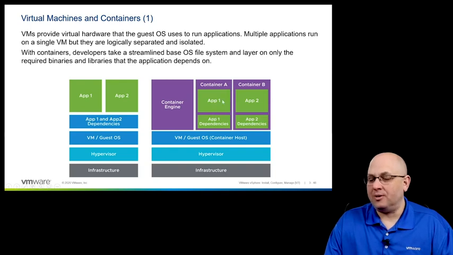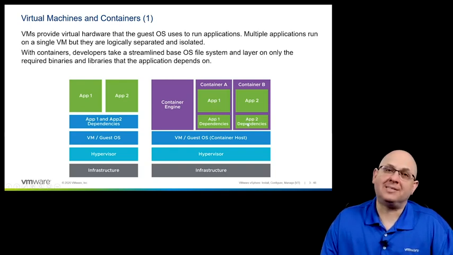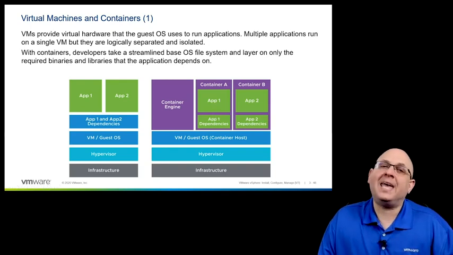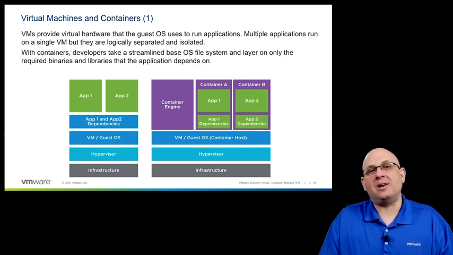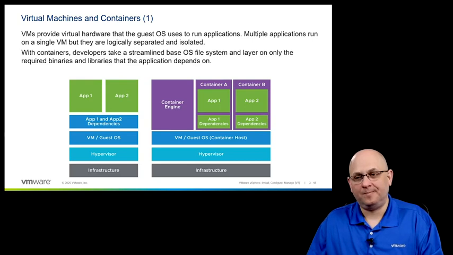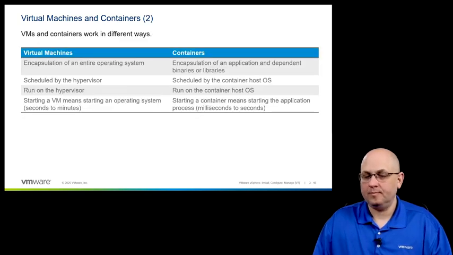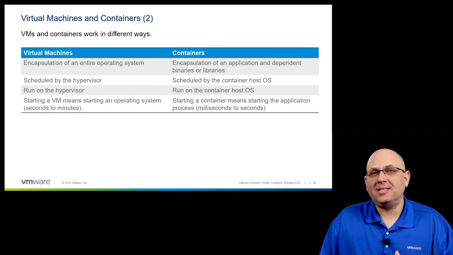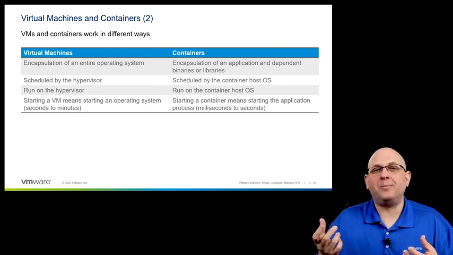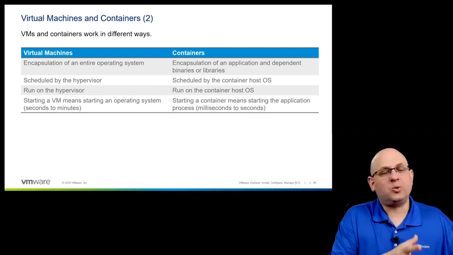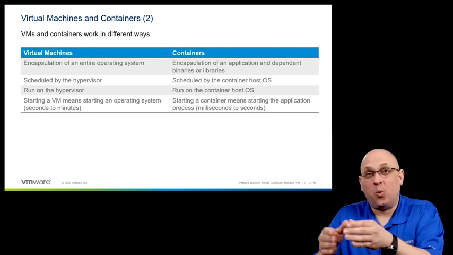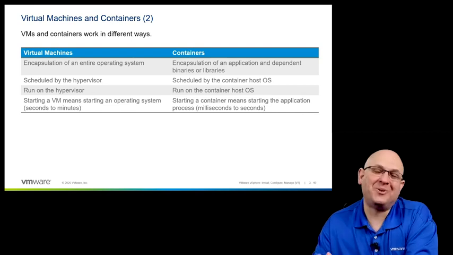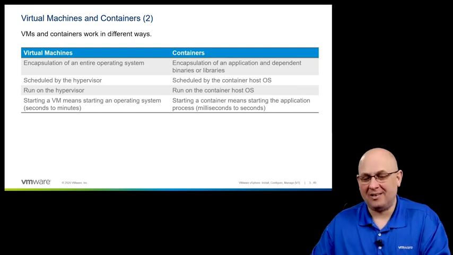So now as I run multiple applications, I can have multiple sets of dependencies for each of those applications, isolated from one another within a container. They work in different ways, but you might think of them similarly, because as virtual machines are isolated from one another, containers within a virtual machine are also isolated from one another.